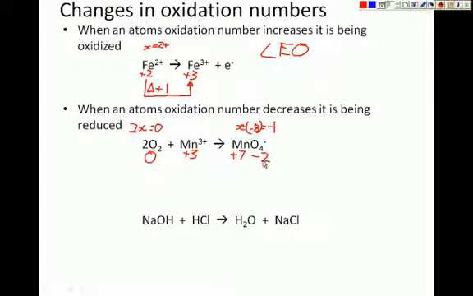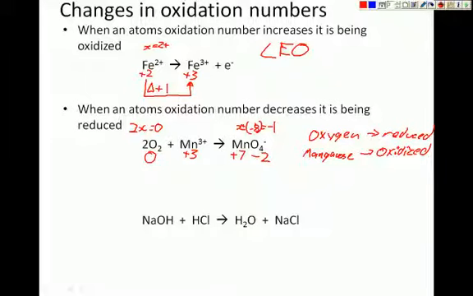What we see is that it has decreased, so the oxygen oxidation number is decreasing, and therefore it is being reduced, and manganese oxidation number is increasing, and therefore it is being oxidized.